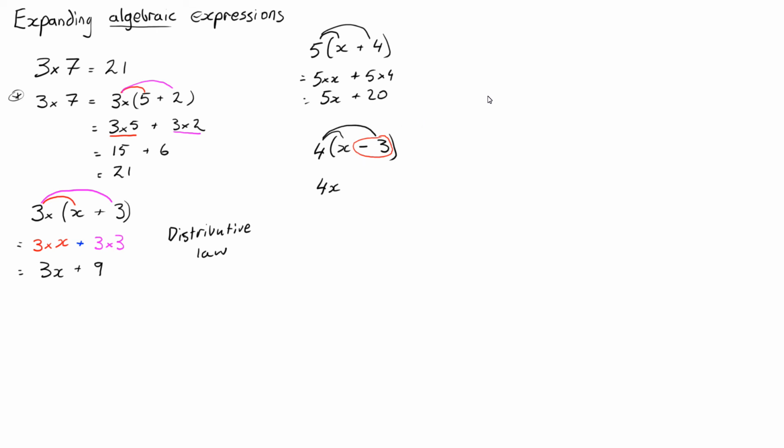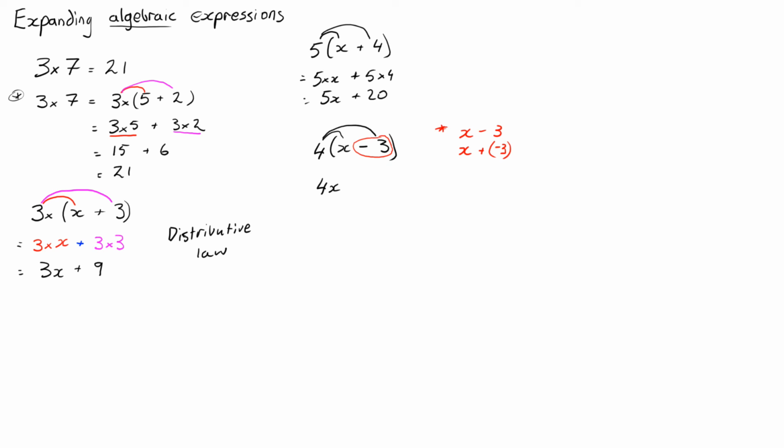As a side note, if I've got x take 3, I can rewrite that as x plus negative 3. Instead of x take 3, I'm thinking that's the same as x plus negative 3. It works the same way.